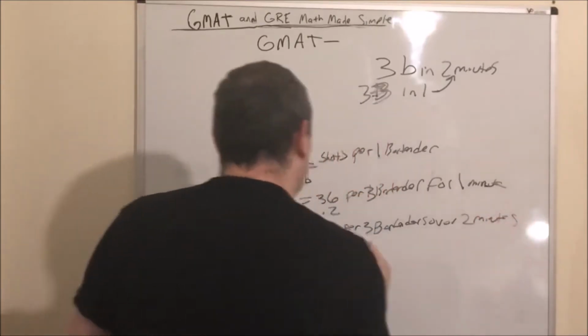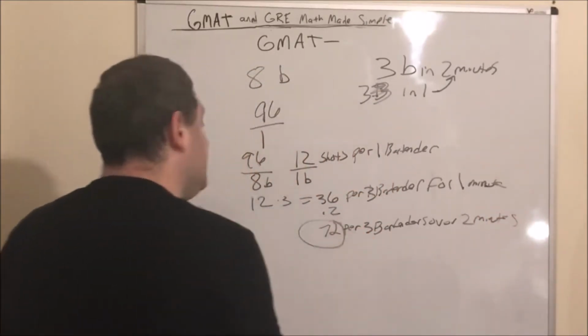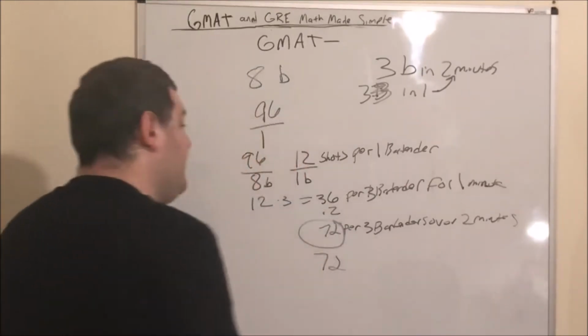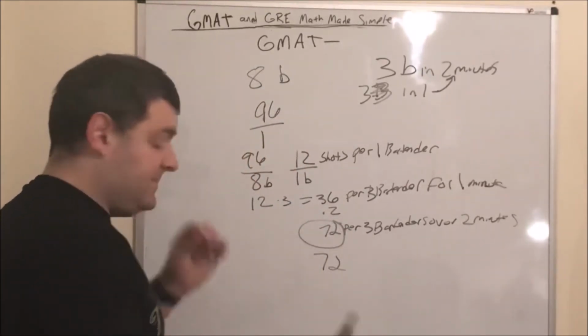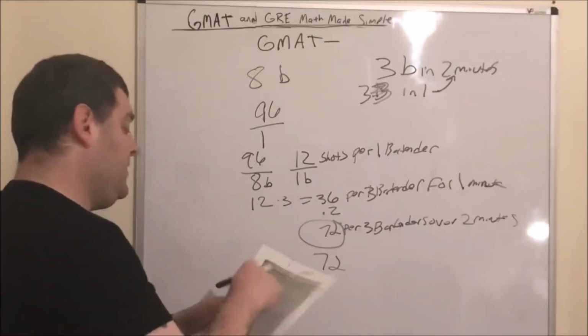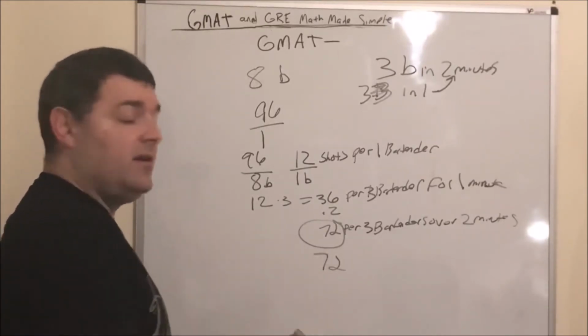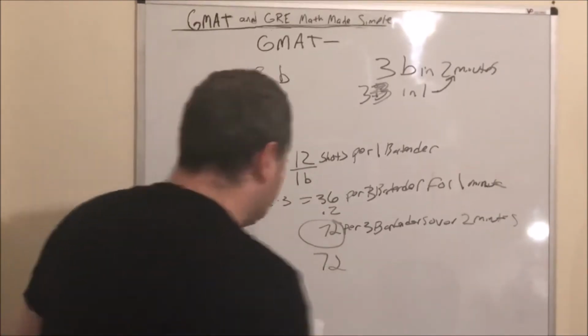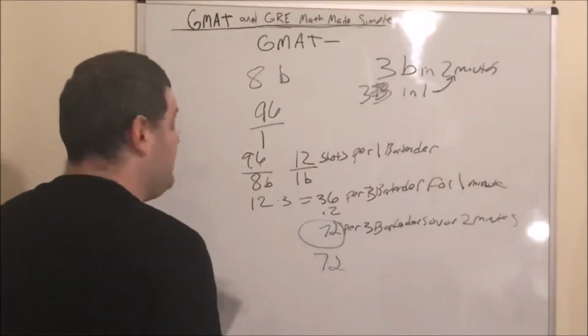The number you need to look at is 72, because that's the total number of shots you will get for 3 bartenders over 2 minutes. If you look at it, that'll be the 4th option, or sorry, the 5th option here. So that one dealt with proportion.